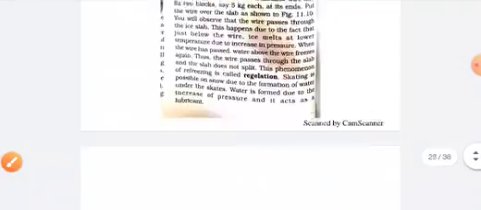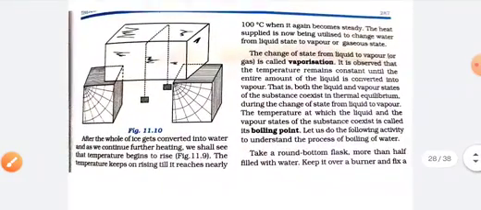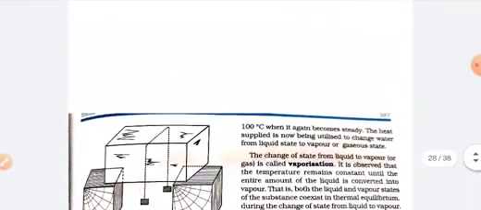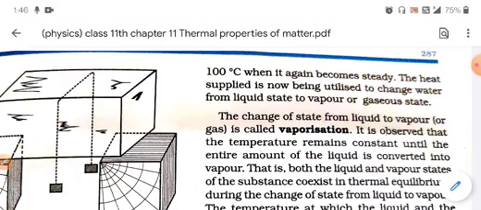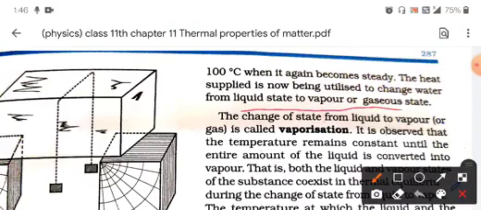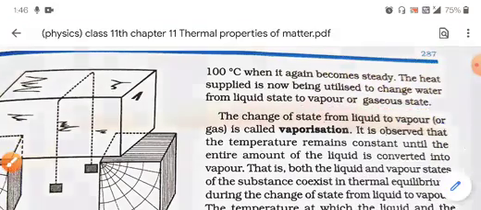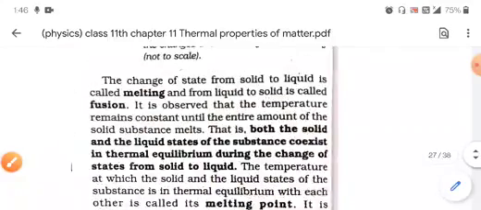But after that, what will happen? The temperature keeps on rising till it reaches nearly 100 degrees Celsius, when it again becomes steady. That means it will remain at 100 degrees Celsius. Then the heat supplied is utilized to change the water from the liquid state to the vapor state. Now, why is the temperature constant?